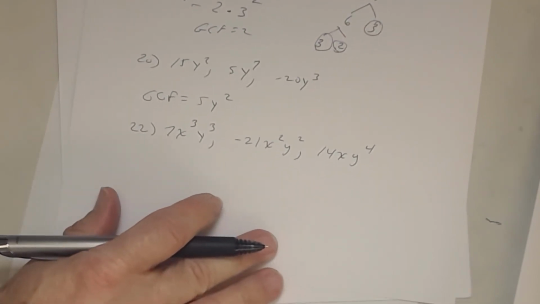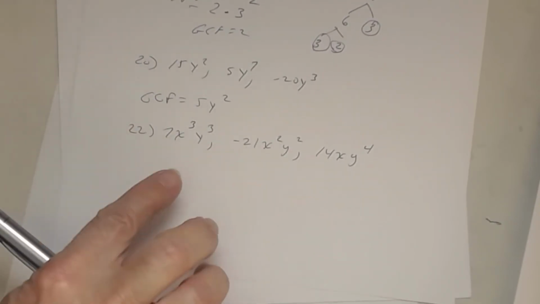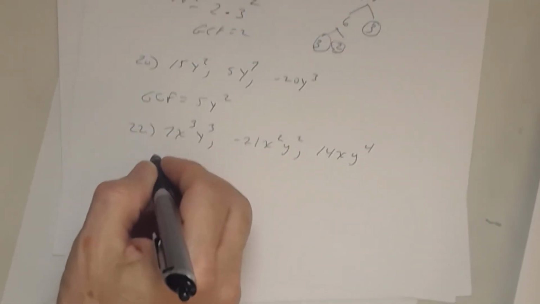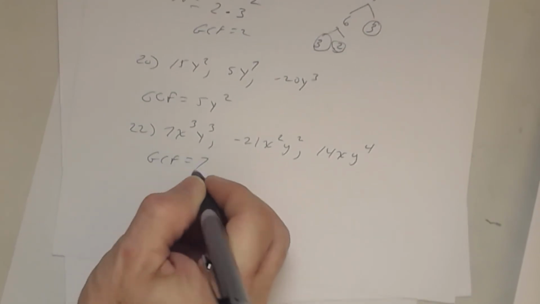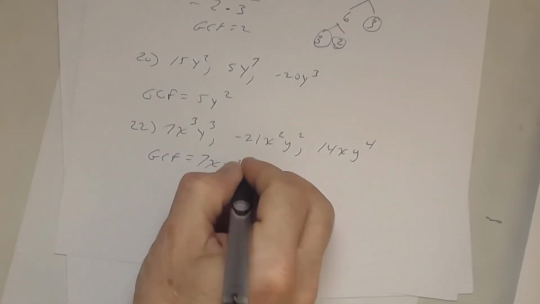The coefficients are challenging for some of you, but this is an easy one right here. 7, negative 21, and 14. What's the GCF? 7. No difficulty there. Now the variable. Do I need a factor of x? Yes. How many? 1. Do I need a factor of y? Yes. How many? 2. So that's your GCF.